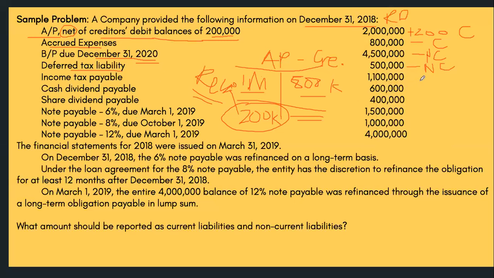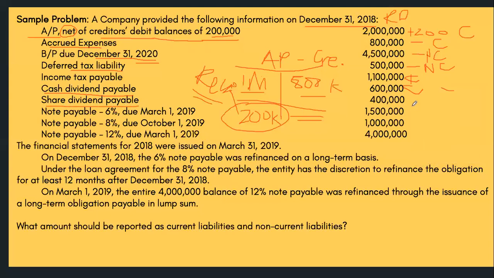Income tax payable is current. Cash dividend payable, take note, is current.